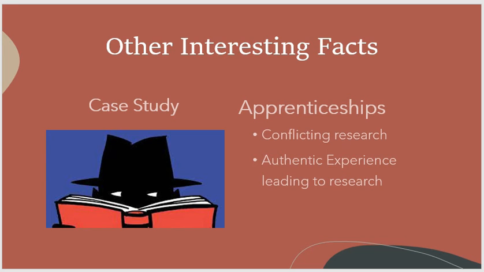As far as apprenticeships are concerned, one of the interesting facts I have seen within the literature review is that there is conflicting research that goes against the effectiveness of registered apprenticeships, and apprenticeships as a whole, as a vehicle for workforce solution.